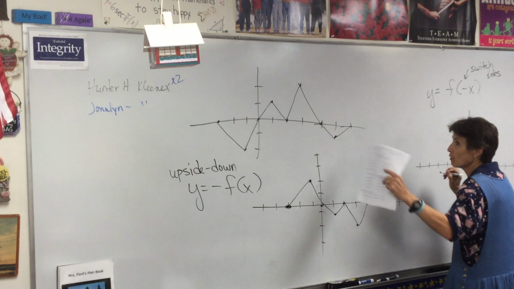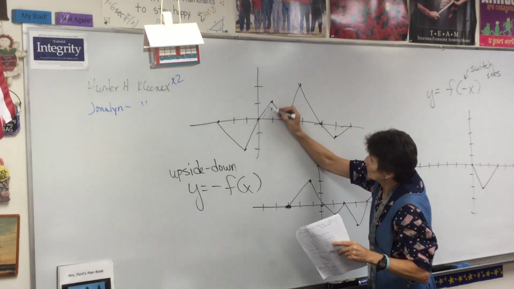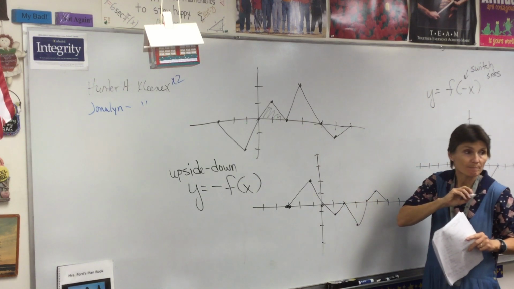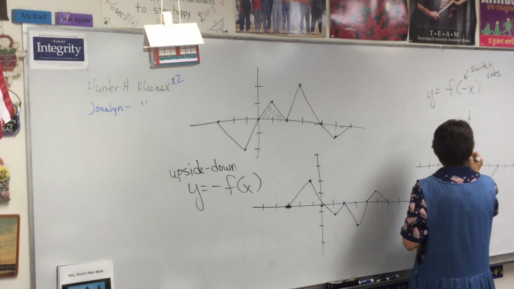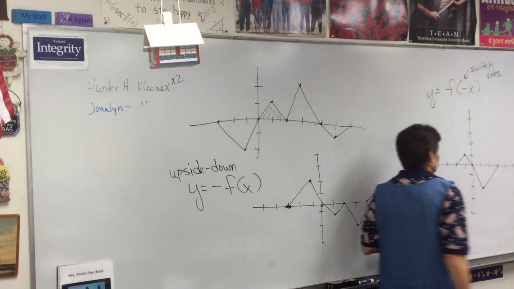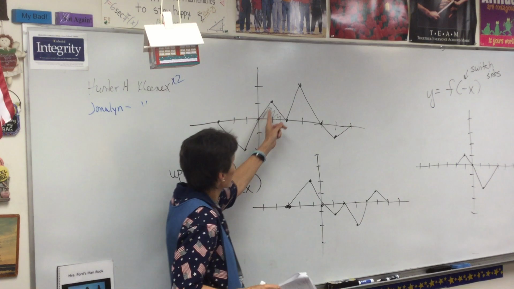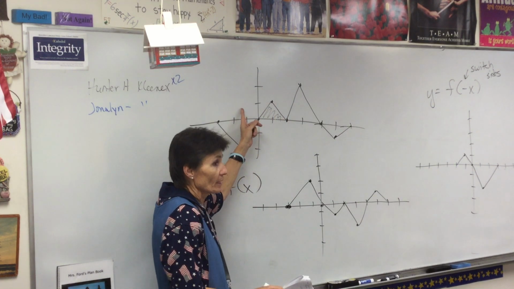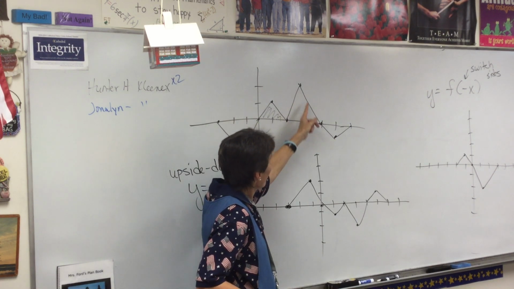So instead of drawing this triangle on the right side, I'm drawing this one right here. I like to do it a piece at a time. Instead of drawing that triangle on the right side, I'm going to draw it on the left side. Now what about the big tall triangle?